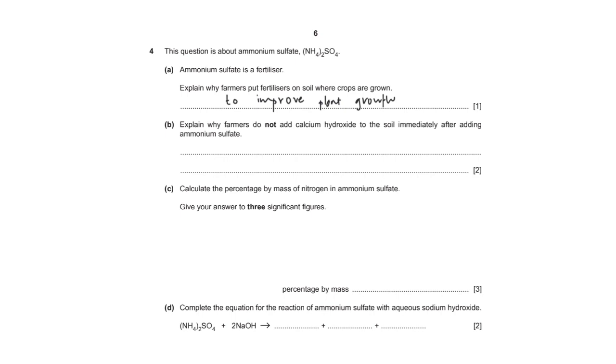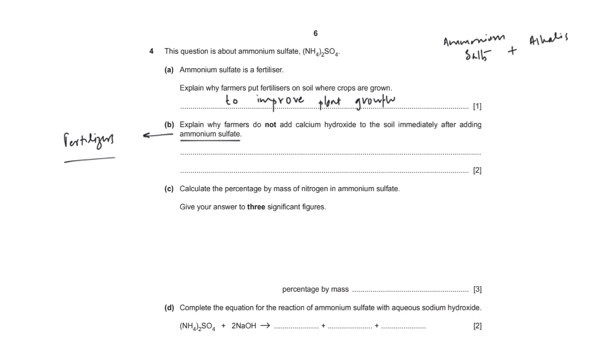Explain why farmers do not add calcium hydroxide to the soil immediately after adding ammonium sulfate. You need to know that ammonium salts are actually fertilizers. And here you have to recall the reactions that we did in bases, in which we know that ammonium salts like ammonium chloride or ammonium sulfate react with alkalis.